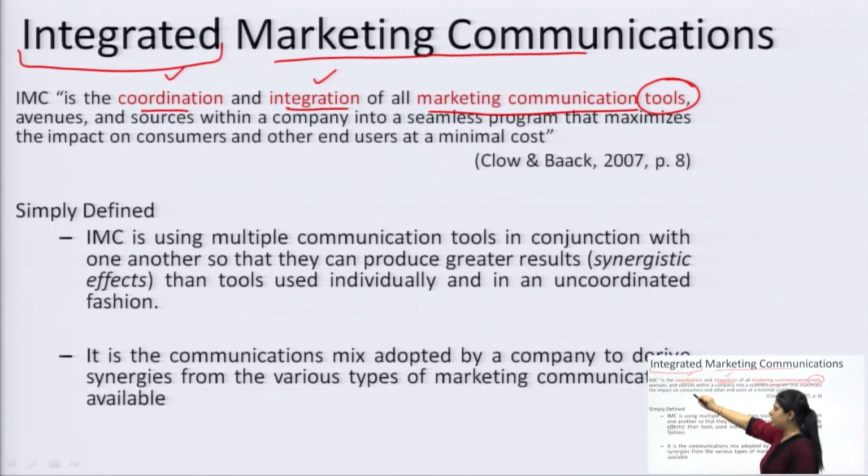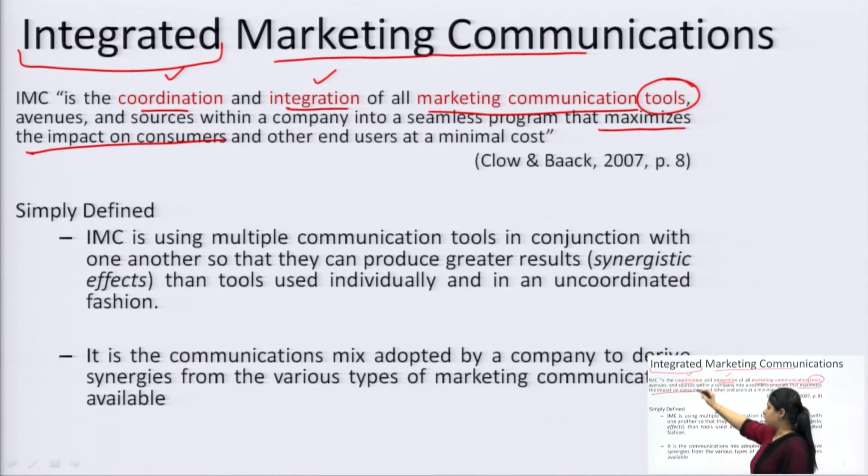As per the definition, it is the coordination, that means we are trying to coordinate all the marketing communication tools all together and we are trying to integrate them. Now, why are we trying to integrate them? So that we can maximize the impact on consumers.